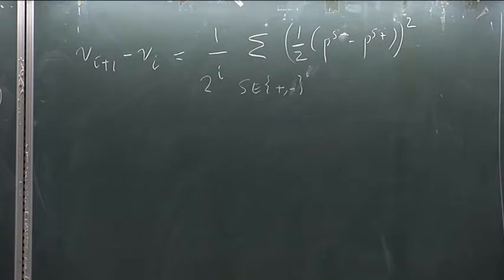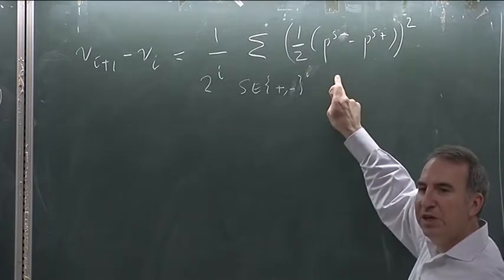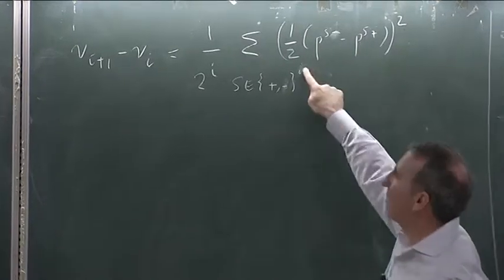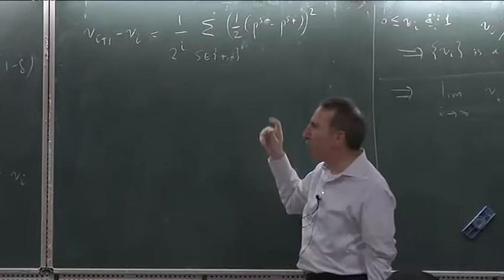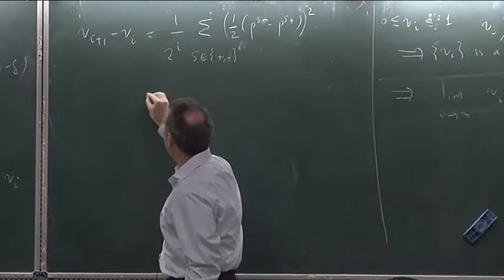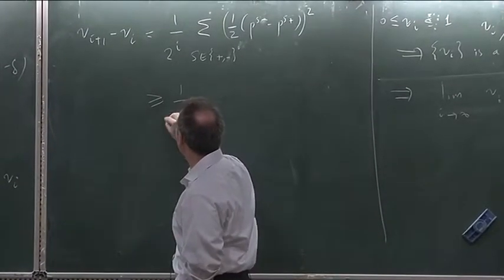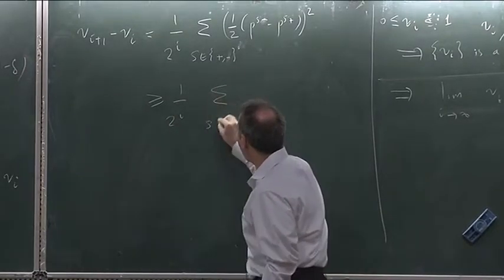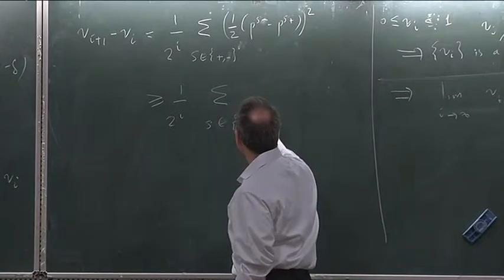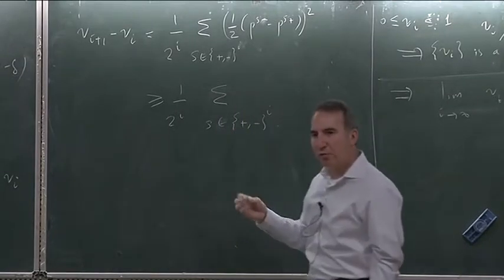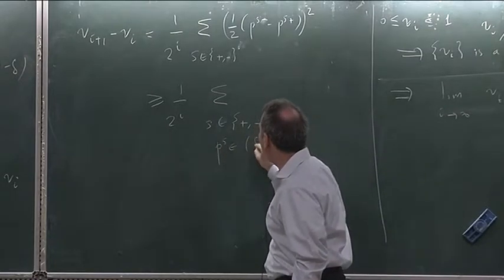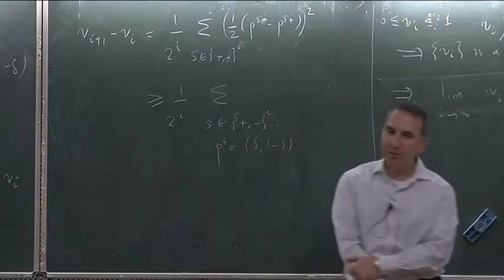Now, what do I know about this? I know the following. If p_s is mediocre, this number is at least something. So if I restrict this sum, this is at least as big as 1 over 2 to the i, sum over all s's of this type, but I restrict it further to say that p_s is between delta and 1 minus delta.